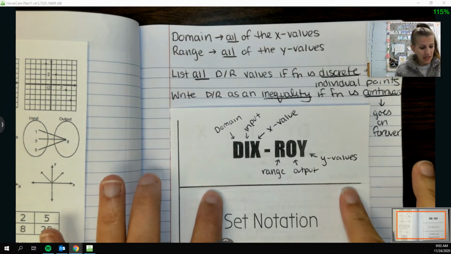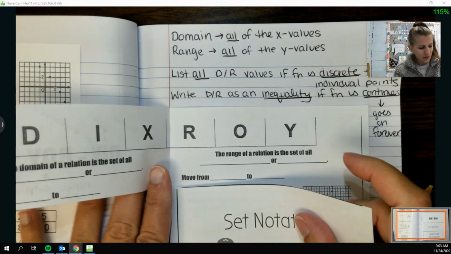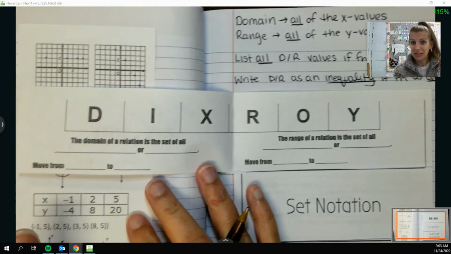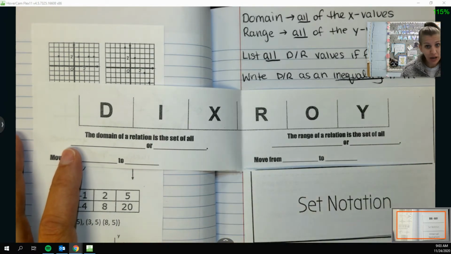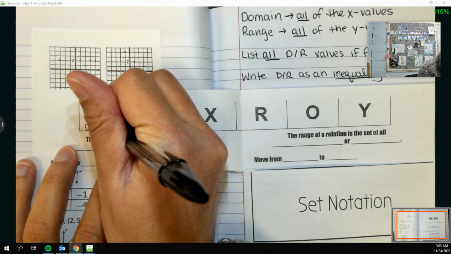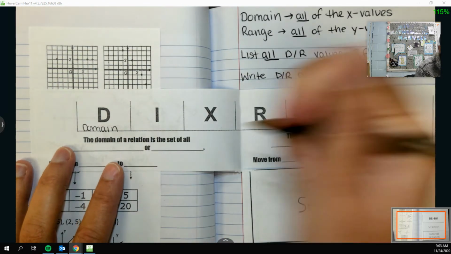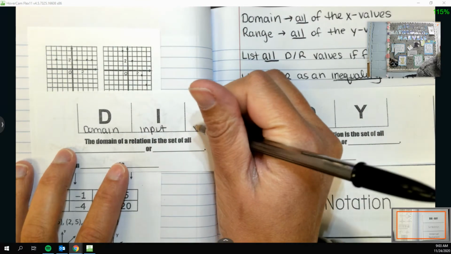Alrighty, so if we take a look in our notes here, Dixie-Roy is just an acronym to help us remember that the domain of a relation is the set of all input values or X values.